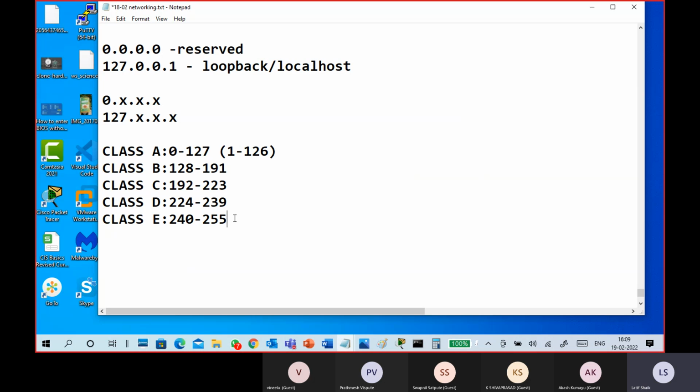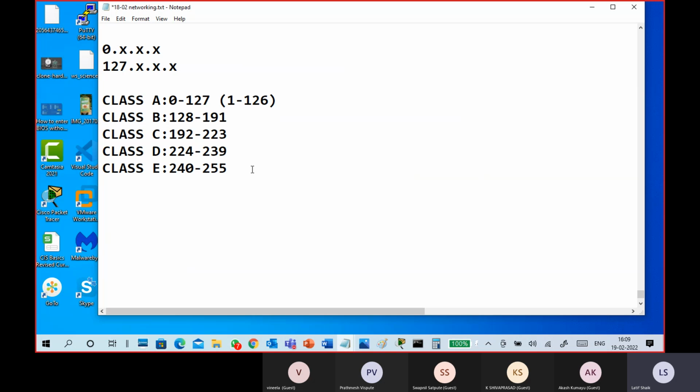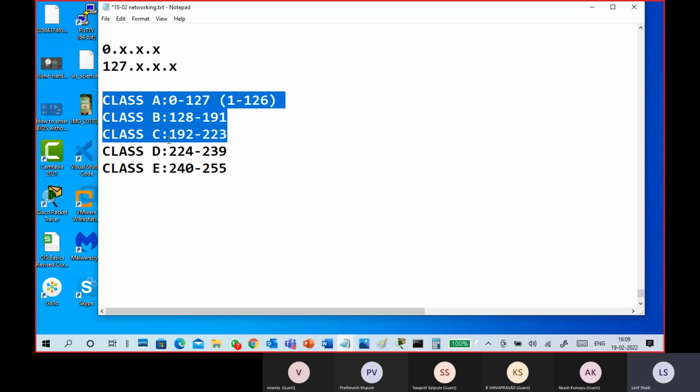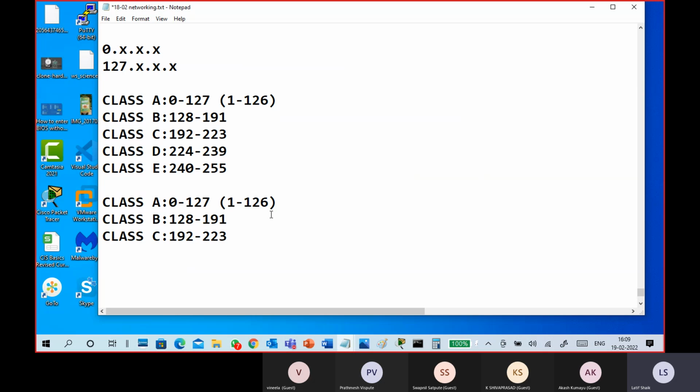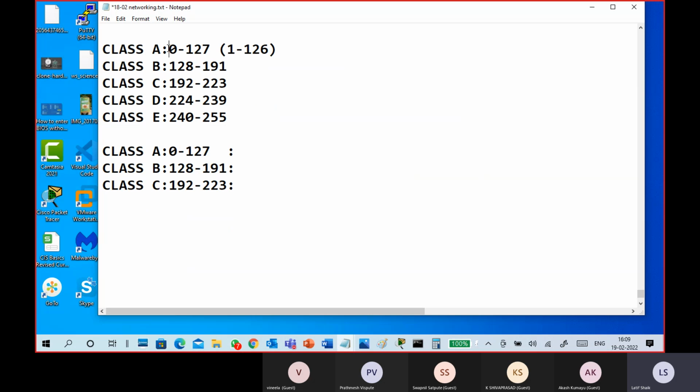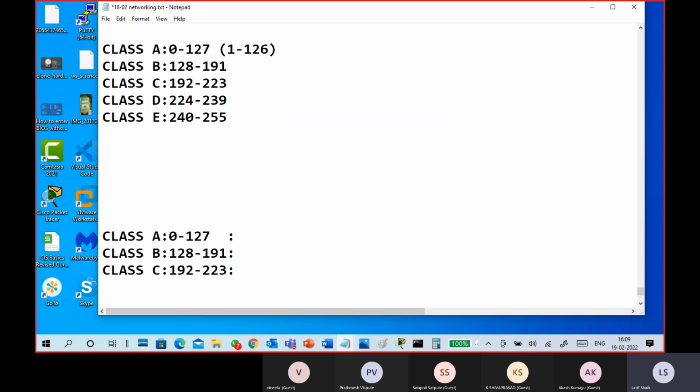Compulsory, guys, whether you learn by heart or remember, you must do it. IP addresses are not a simple thing, it is a very big one. You should know how to recognize which class of network you are using.